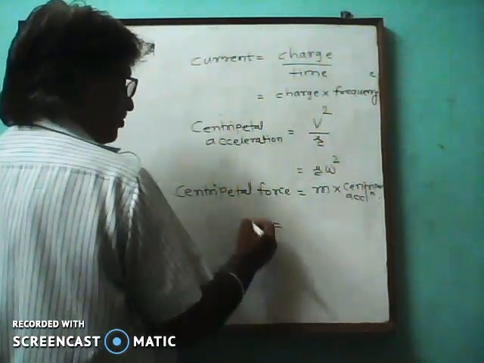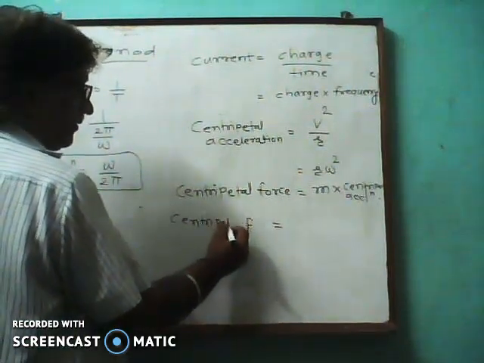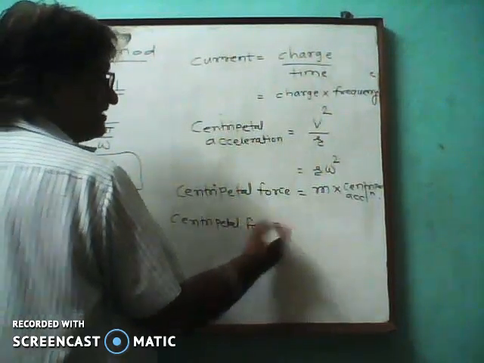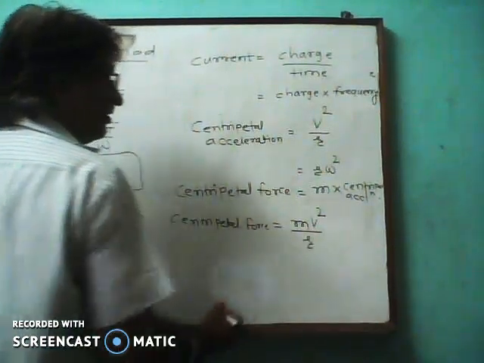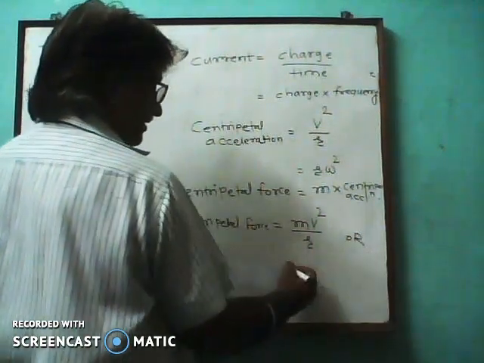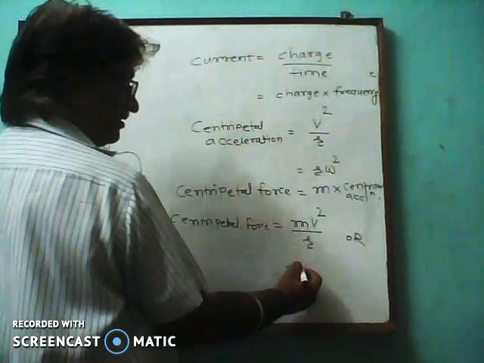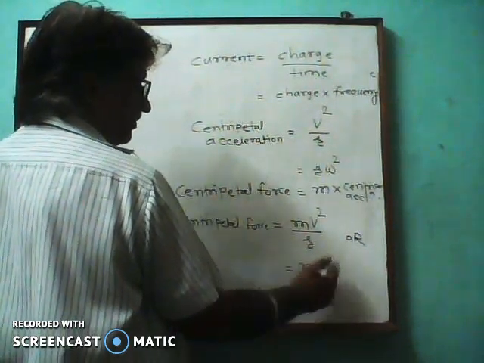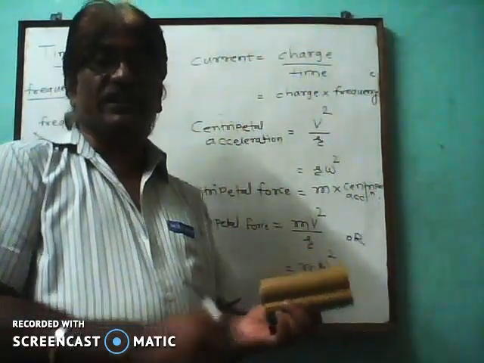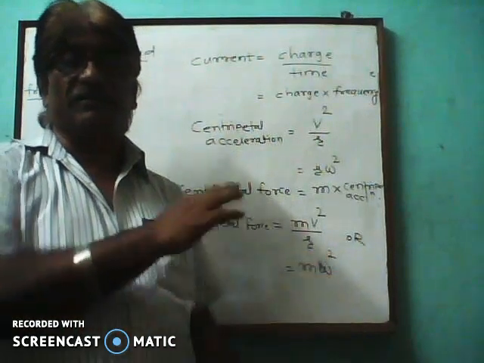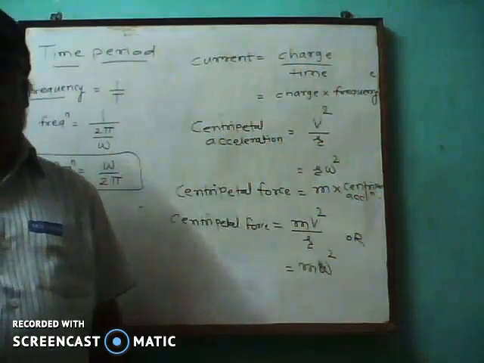Centripetal force is equal to m v square upon r, or if v equals r omega, r square omega square upon r, r gets cancelled, so it becomes m r omega square. All of these formulas can be used whenever we solve various types of numericals.